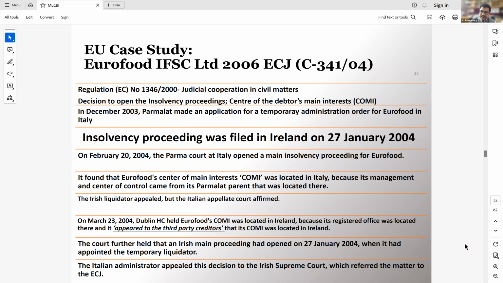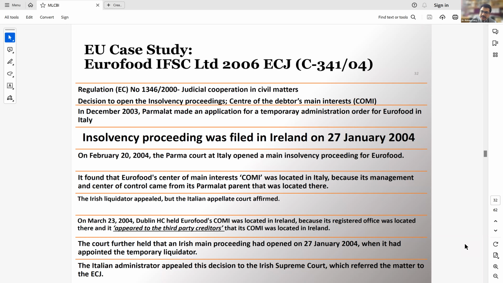And they probably had a sense that Eurofood is going into distress, and the bankers may file an insolvency application very soon. So they filed an application in the Italian court, and that was not for insolvency, that was for a temporary administration.